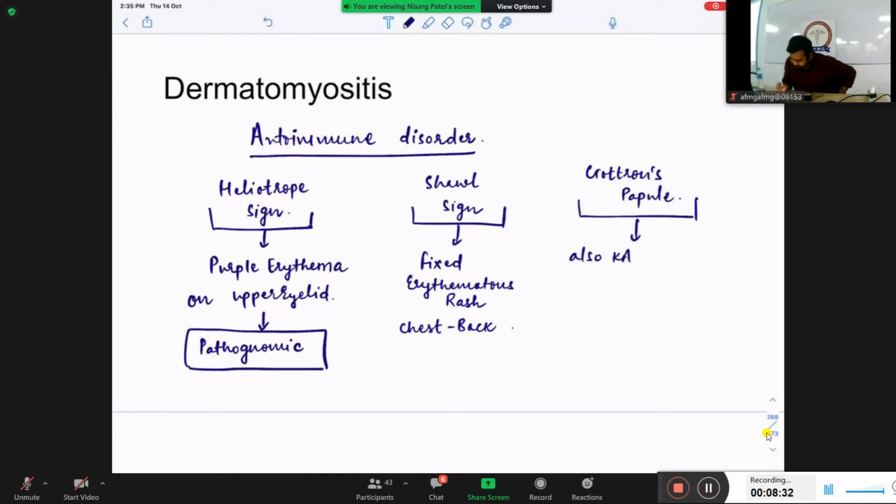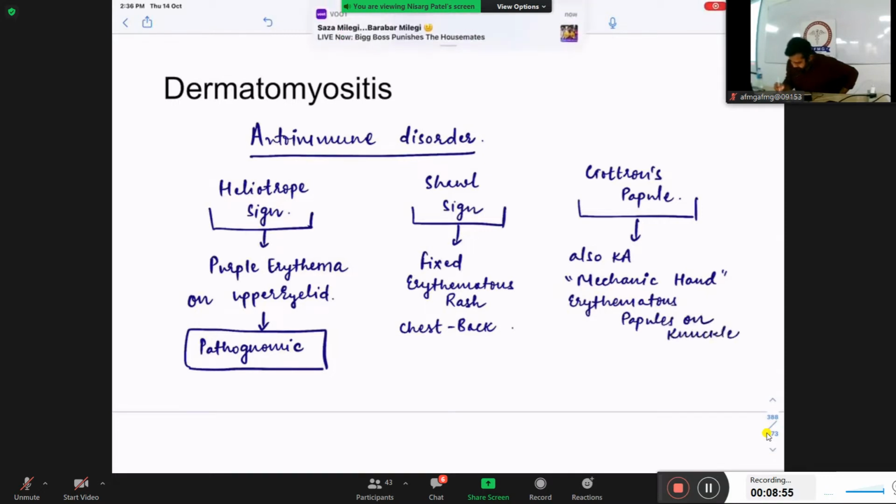This is also known as mechanic's hand, due to erythematous papules on the knuckles. So among all the signs, the heliotrope sign is the pathognomonic sign.